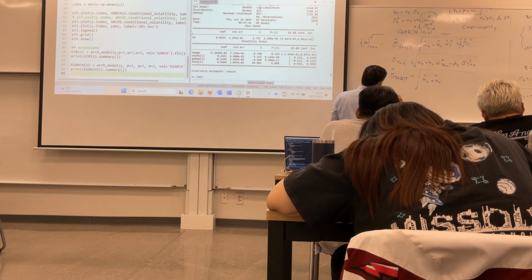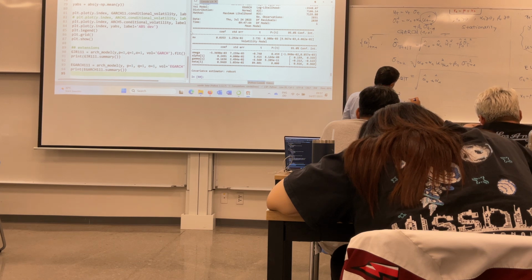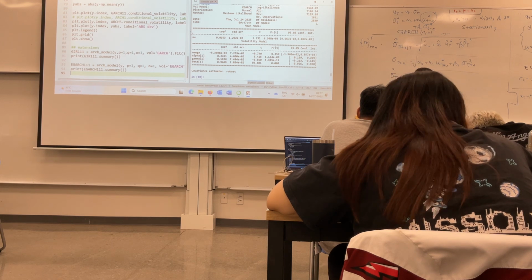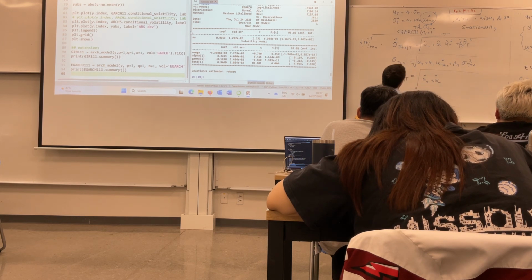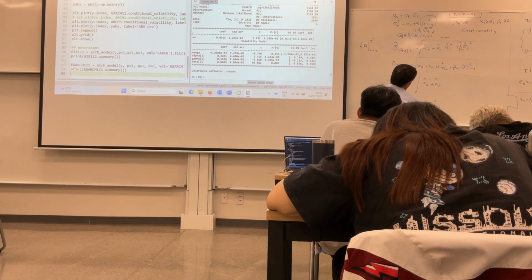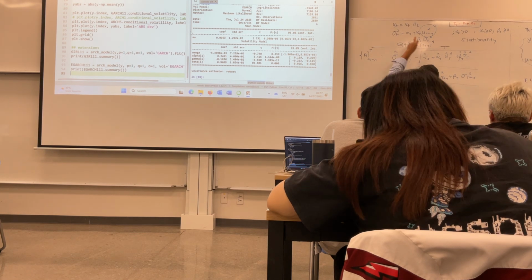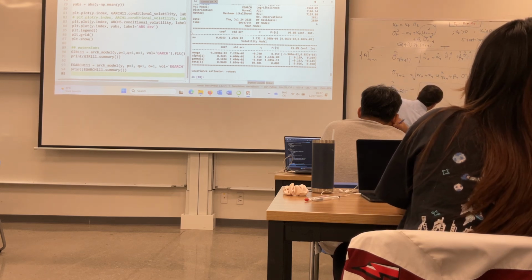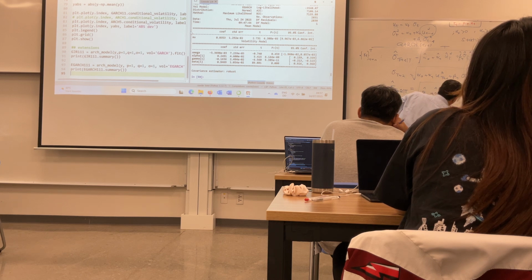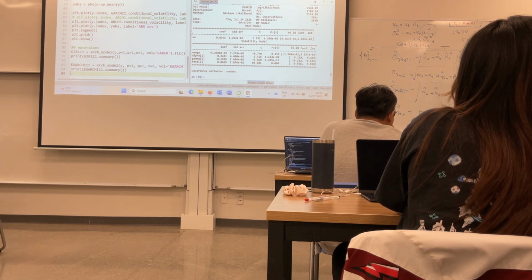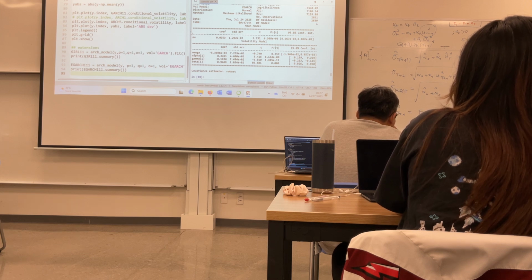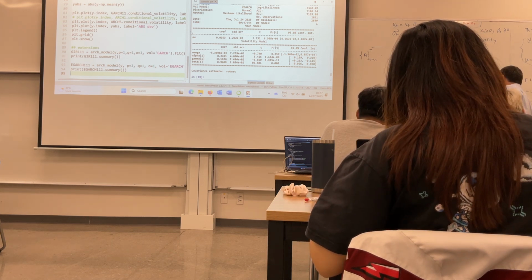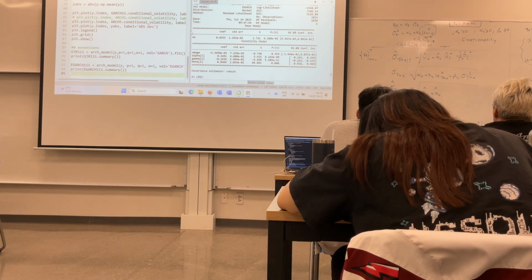The expected value of sigma_{t+1} squared is equal to the expected value of alpha 0 plus alpha 1 u_t squared plus beta 1 sigma_t squared. So I need an expected value for all of those.